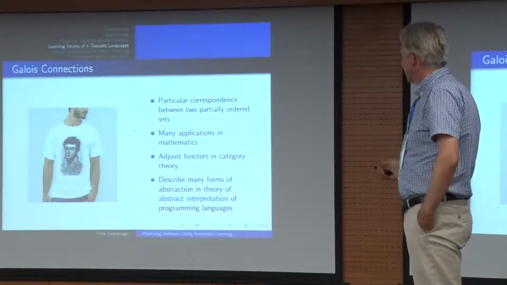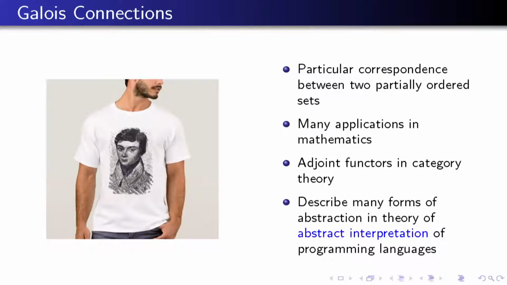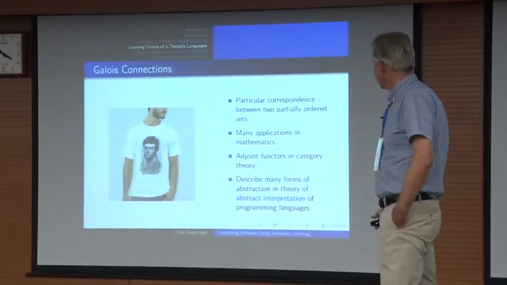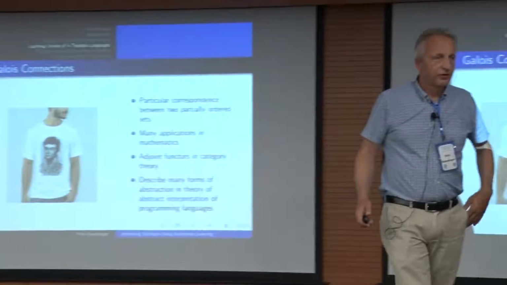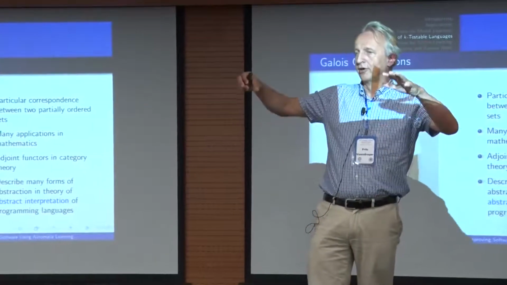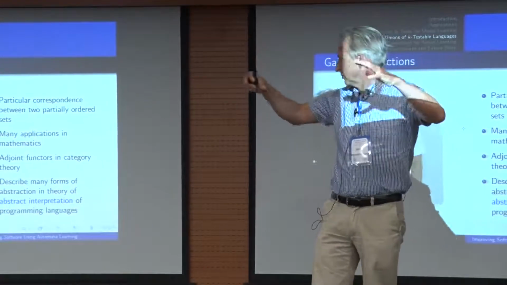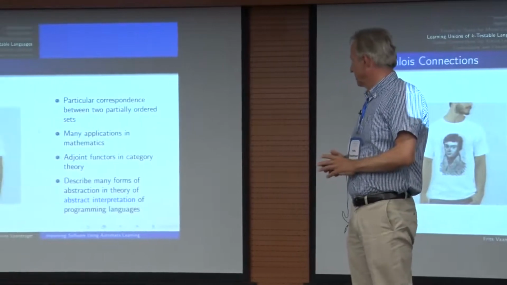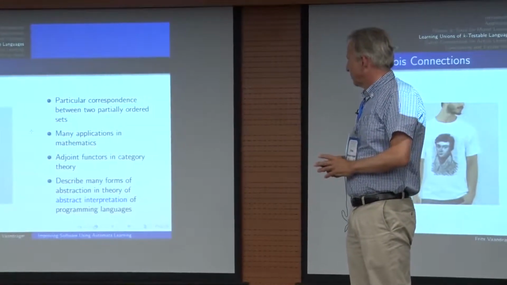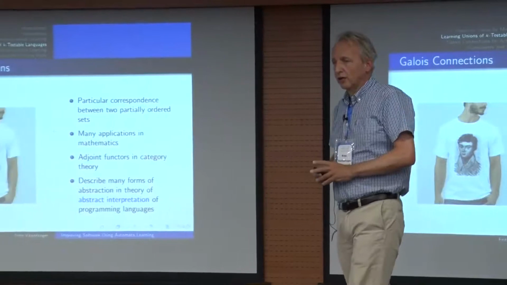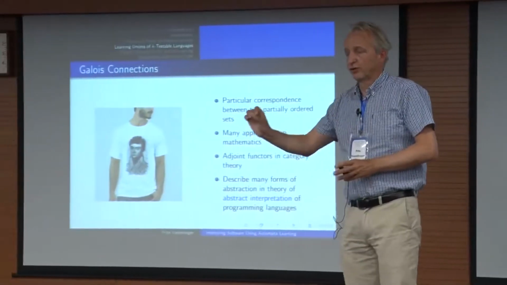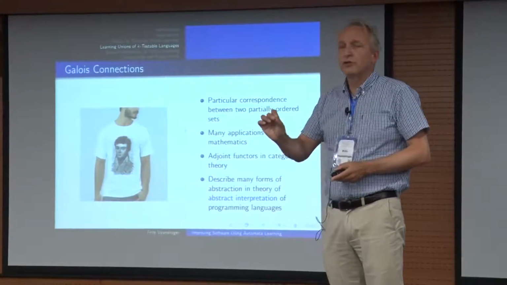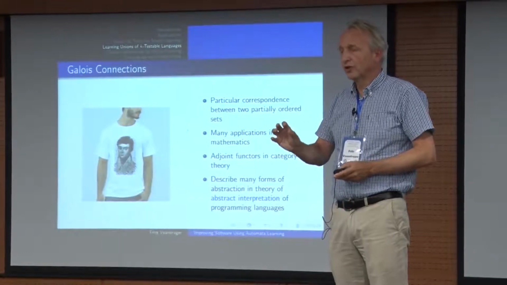So a Galois connection is a particular correspondence between two partially ordered sets. It's a correspondence of the type I described. There are many applications in mathematics. People in category theory generalize it, and this is called adjoint functors. But also in computer science, Galois connections are used a lot. They are particularly used in the theory of abstract interpretation.